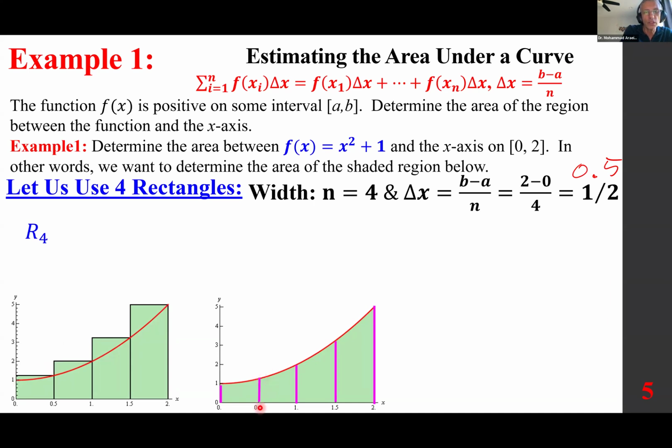So the first one is f of 0.5. For the second one, f of 1. For the third one, f of 1.5. This is the function y equals f of x. For the last, f of 2. Now, what is f of 1/2? If I put 1/2 here, I get 1/4 and 1, which is 5/4.